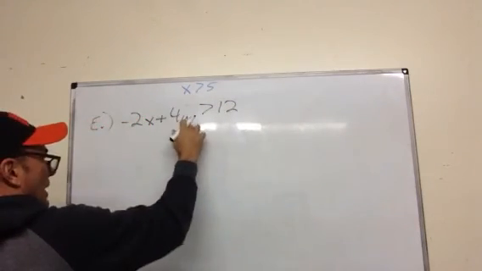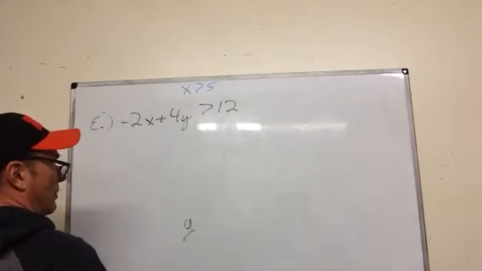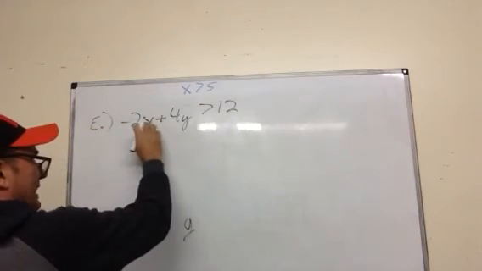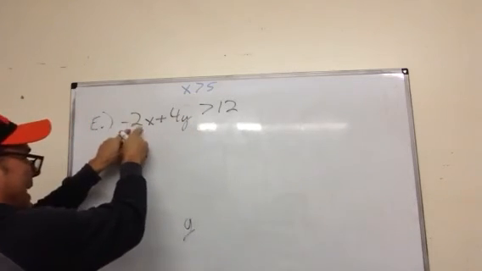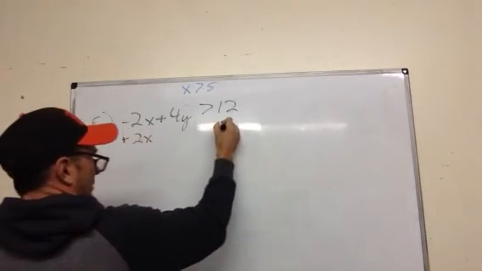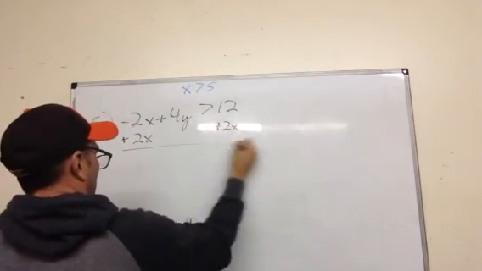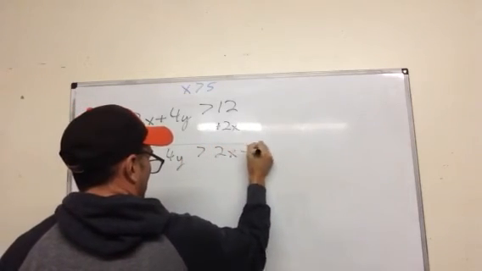So I need to get the y by itself. I need the y and then my x's and everything over here. So again, because I have this quantity, -2x, being added to 4y, I have to add the opposite. Opposite is positive 2x. We get 4y greater than 2x plus 12.